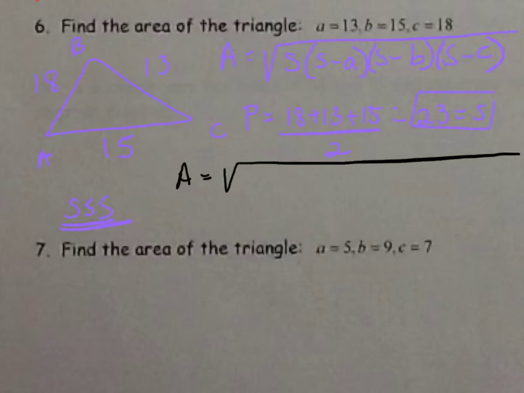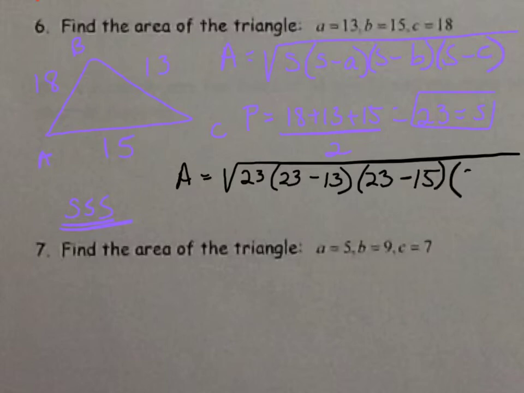Square root, semi-perimeter is 23, and then that same number minus each of the three sides. You can see the math isn't so bad as long as you have the formula right. Probably all in one swoop in your calculator. We'll round to the nearest tenth again. We get about 95.9 units squared.